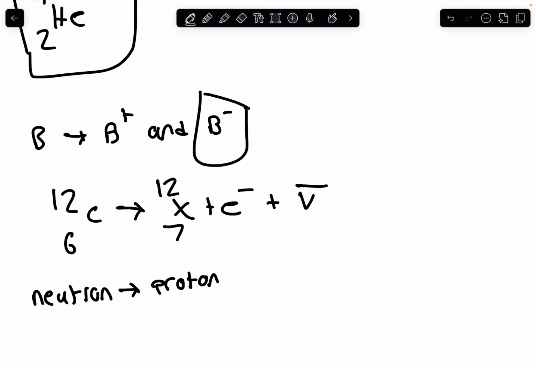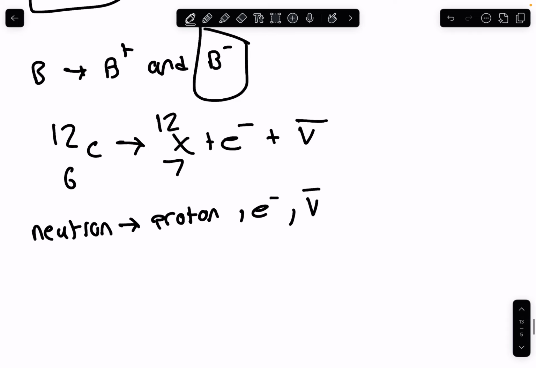But it also emits an electron, and the electron cannot exist within the nucleus, so it is emitted out of the atom. It's ionized, if you want to say, and something we call an antineutrino is also emitted. You don't need to know much about the antineutrino. It is a particle with very small mass, almost zero.